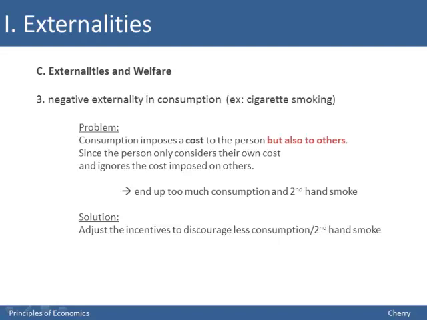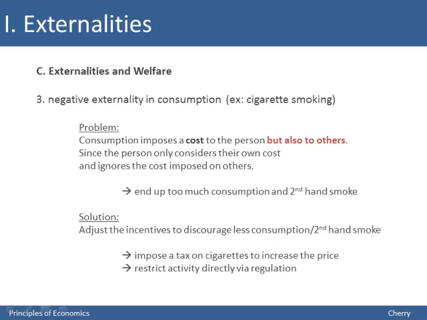So we can adjust the incentives by imposing a tax that increases the price or the cost of smoking, but we could also restrict activity directly, right, by prohibiting smoking in public buildings, for instance.